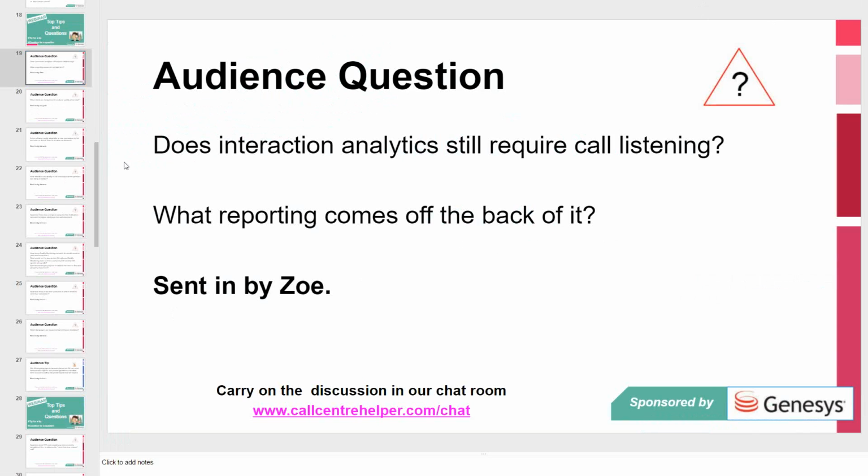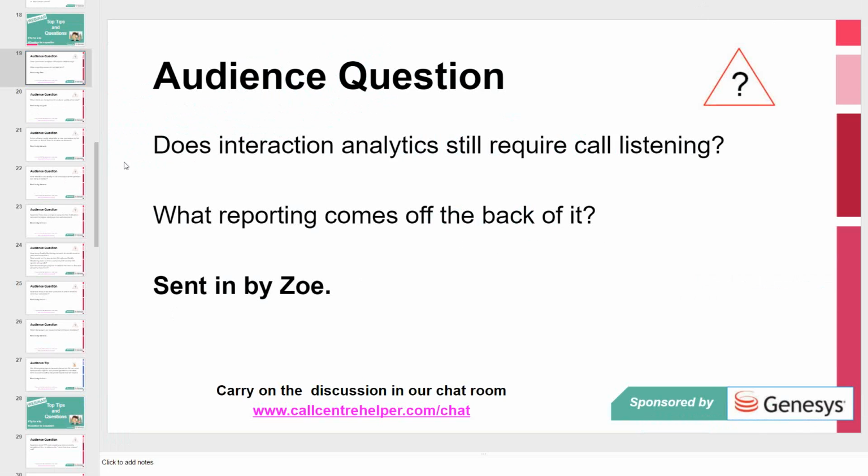And that's in sharp contrast to the traditional process where the supervisor has to hunt for those types of calls by manually listening to calls and searching for calls that meet those criteria.